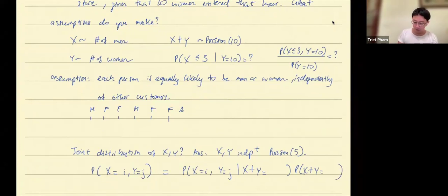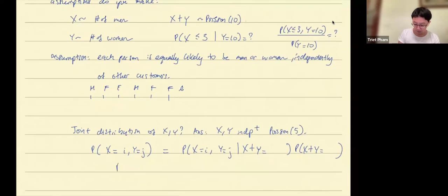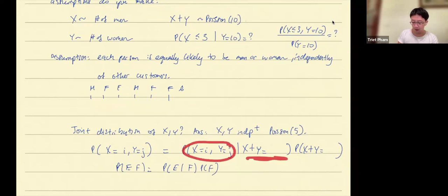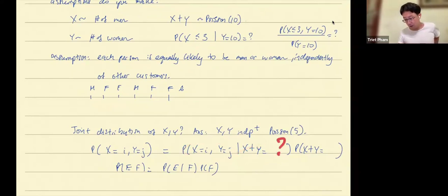It's pretty obvious that the joint, P of E, F, is P of E given F times P of F, where we intend for this to be F, and this and that together is EF. But if that's the case, then what do we fill in here?